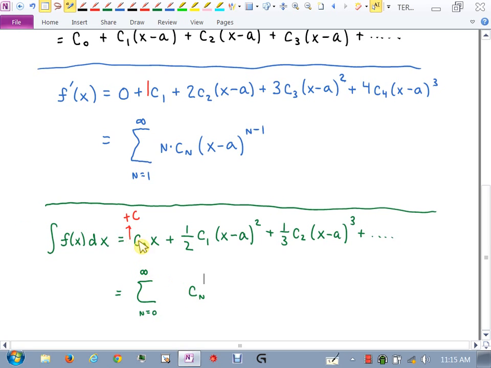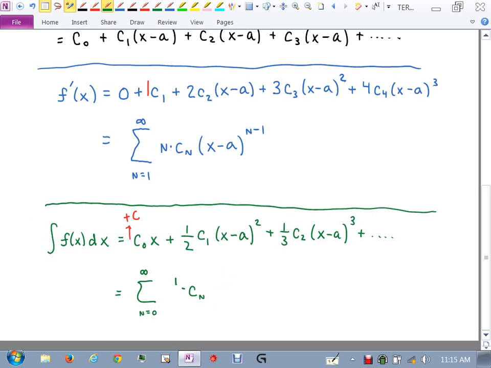What's the number here, not the C? 1 over n plus 1. Remember, the antiderivative is always n plus 1. If I start at 0, what's the antiderivative of x squared? 1/3 x cubed. It's always 1 over n plus 1, x to the n plus 1. So this is going to be 1 over n plus 1.